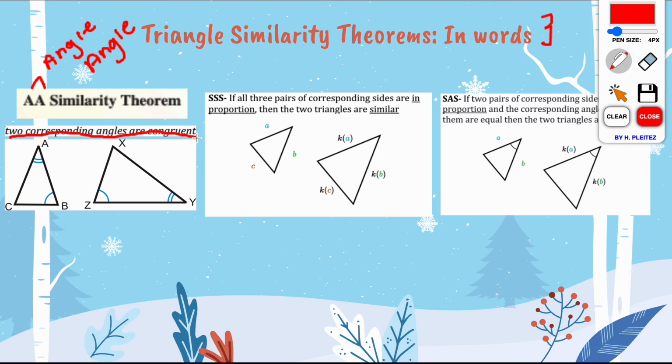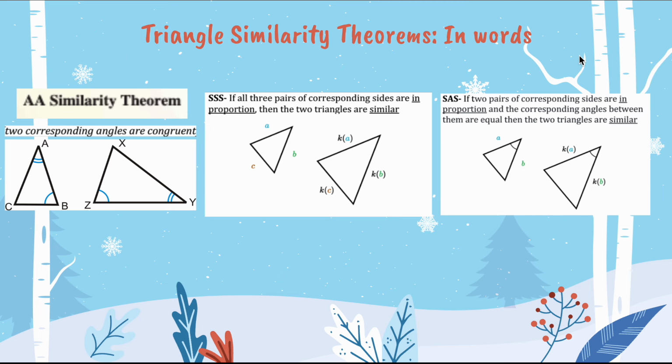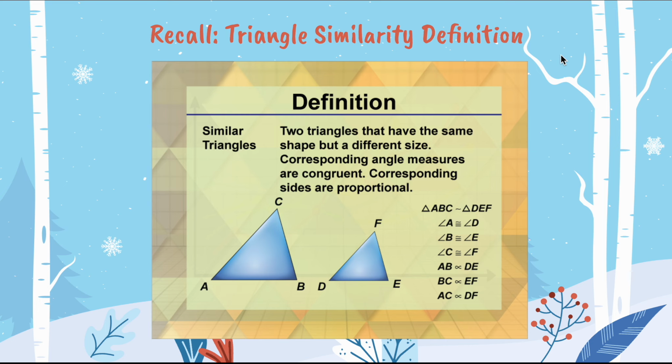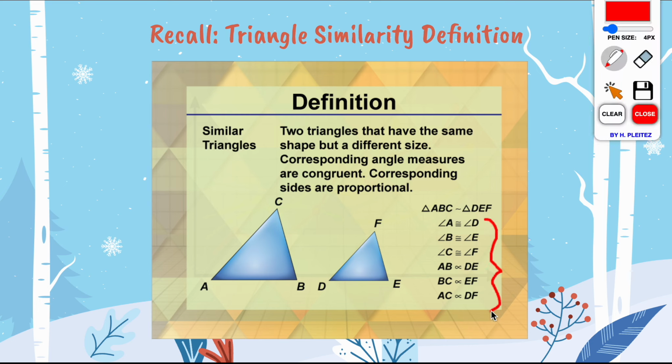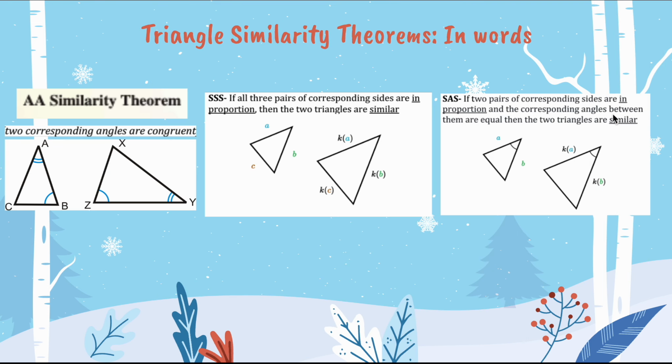Now remember, these similarity theorems, similar to congruence theorems, are shortcuts. Instead of having to prove all 6 of these things to say similarity, these theorems are shortcuts.